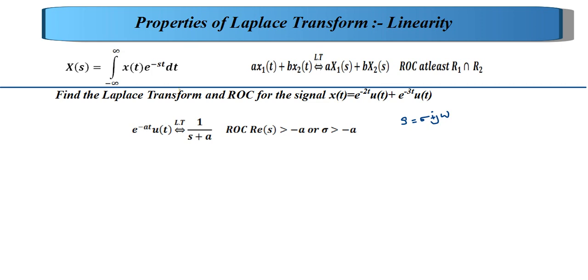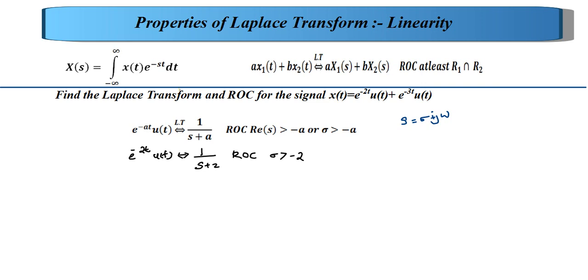Now based on this I can write the result in the question. One part is e raised to minus 2t into u(t). So this is one signal, and its Laplace transform can be written as 1 by s plus 2, and the ROC is sigma greater than minus 2. So we got one signal and its transform.